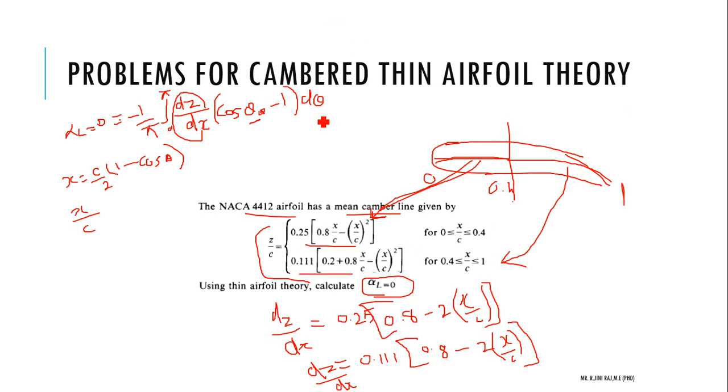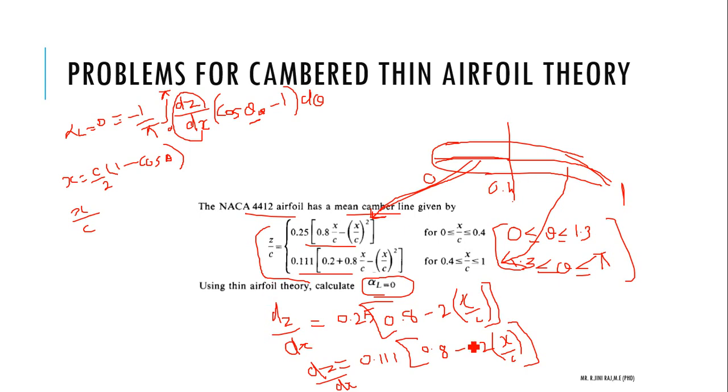After finding the limits, 0 less than or equal to theta less than or equal to 1.3, then 1.3 less than or equal to theta less than or equal to pi, up to this we finished.